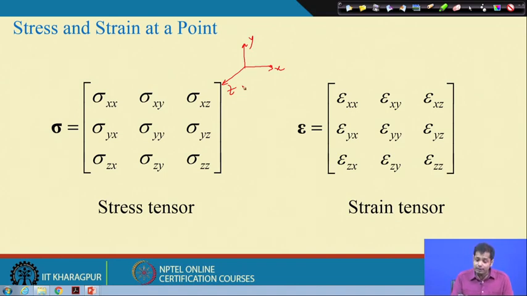Now, if we have a new coordinate system, say n1, n2 and n3, and with respect to this coordinate system there are no shear stresses, only the normal stresses, then all the off-diagonal terms become 0, and the stress tensor essentially becomes only a diagonal matrix where the entries are sigma 1, sigma 2 and sigma 3.